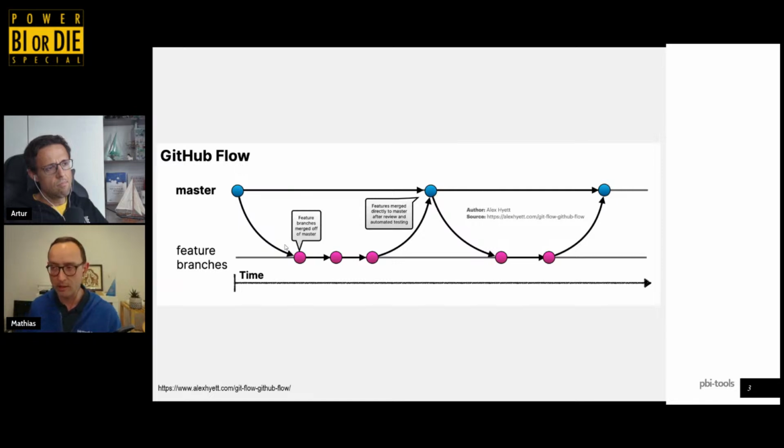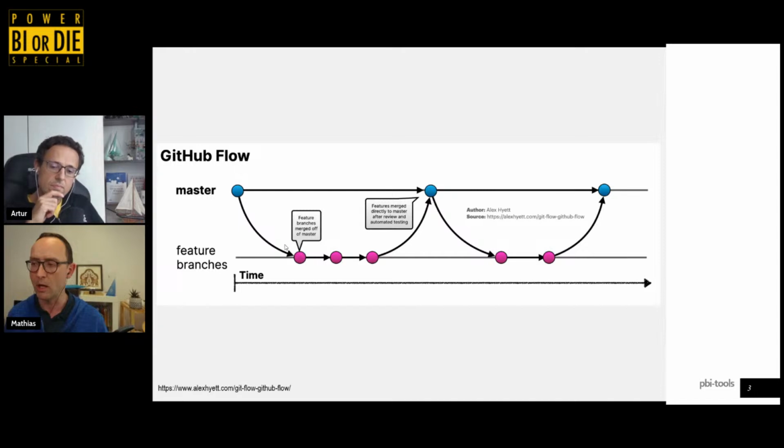CI/CD meaning you have full automation regarding bringing changes into your main system and ultimately bringing those changes out into production. Without a high degree of automation, particularly around testing, this is not a flow that actually works very well.